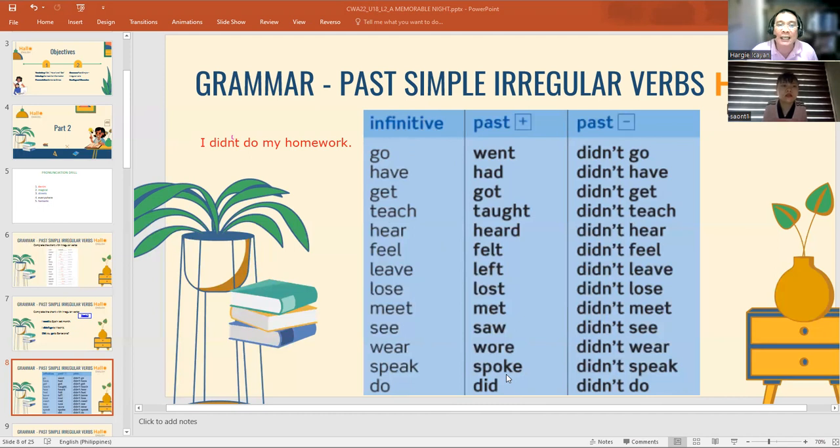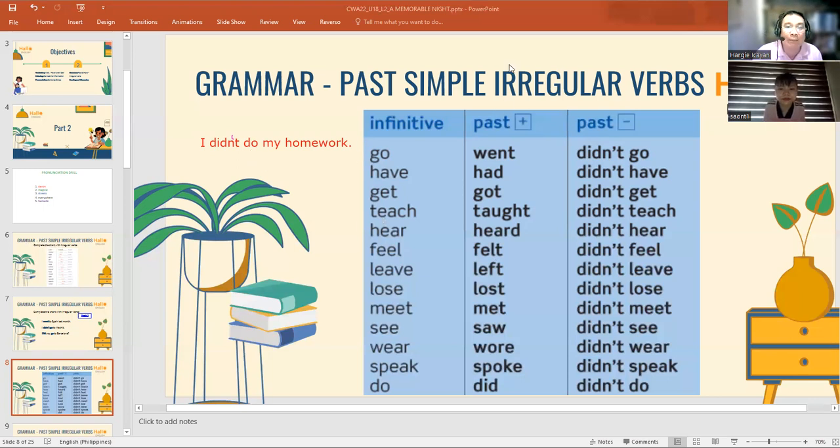So that means if we are talking about this particular sentence, it happened in the past already. Why did it happen in the past? Because of the negative statement plus the infinitive form of the verb. So remember that one all the time.